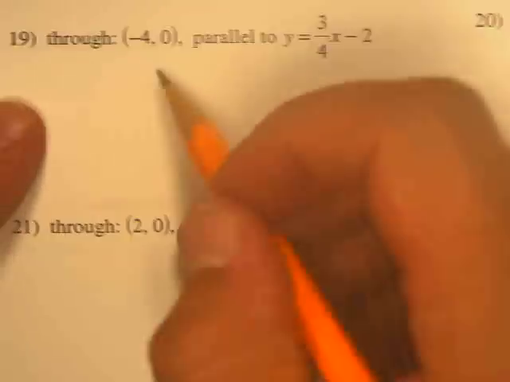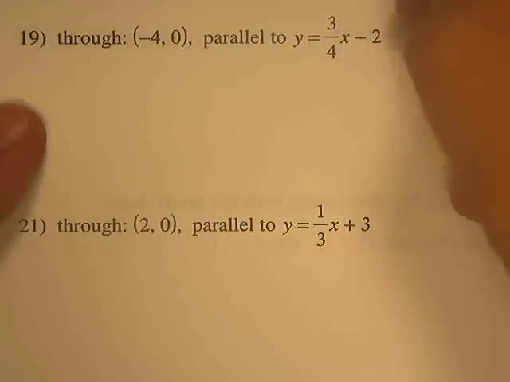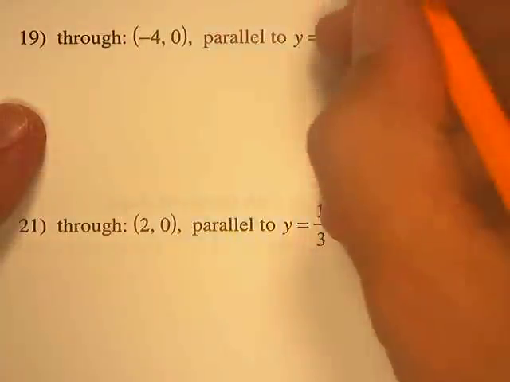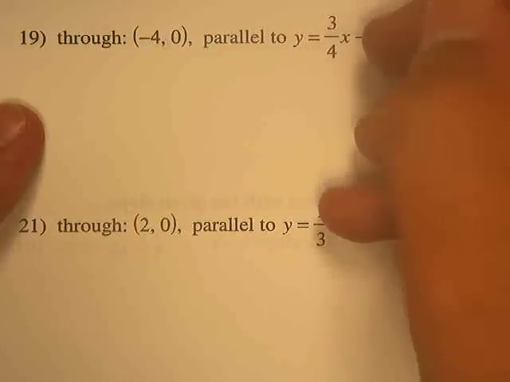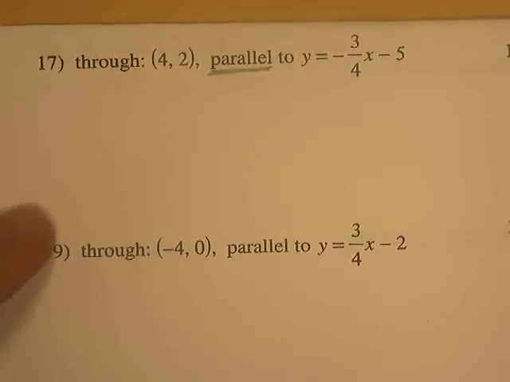All right. So we're looking at this problem. Please write this down. We want to go through the point (4, 2) and have a line that's parallel to y equals negative 3/4 x minus 5. Oh, sorry.